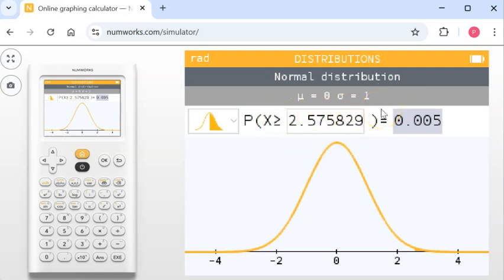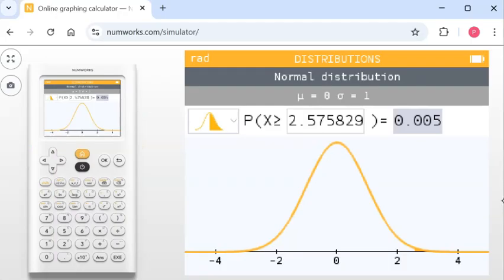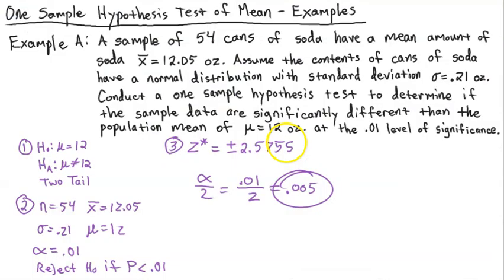Now remember that it's a two-tailed test, so we need the positive and the negative version of this. So 2.575829. Okay, so it's going to be plus or minus 2.575829. Okay, and we can get rid of these notes here. And so now we have to state our rejection rule for the critical z.